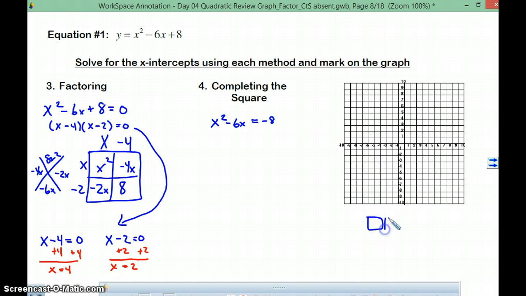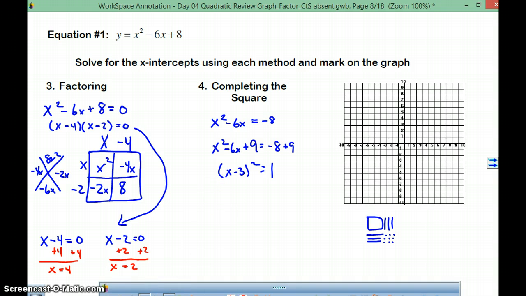Here's my x squared. I split those negative 6x's in half. I need 9 for my c. So now I've got x squared minus 6x plus 9 equals negative 8 plus 9. I've got x minus 3 squared equals 1.